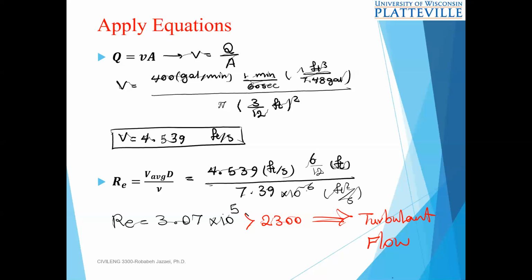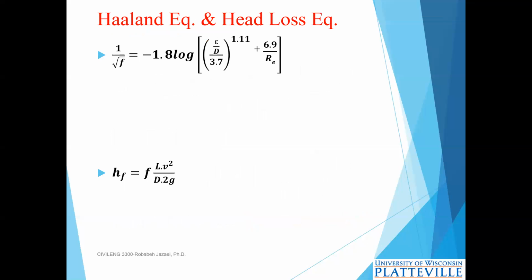All right, so what is the next step? We know roughness, we know Reynolds number. If we know relative roughness, which is absolute roughness over D, and Reynolds number, we can find friction factor either from the Haaland equation or Moody's diagram. I'm going to use the Haaland equation.